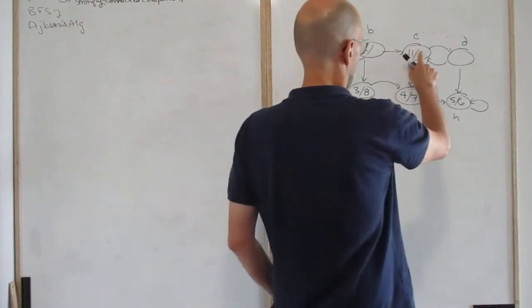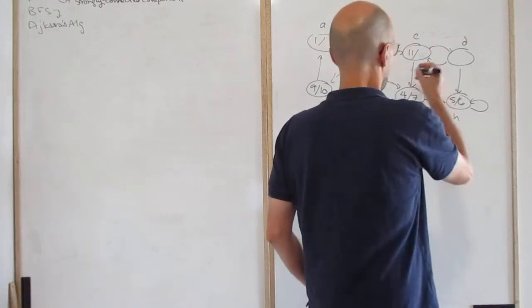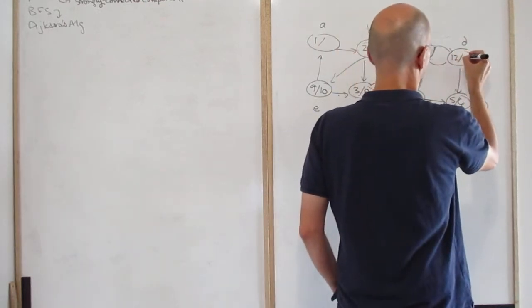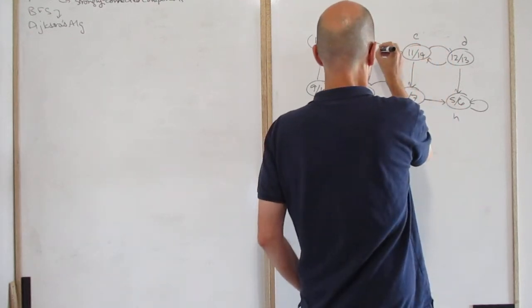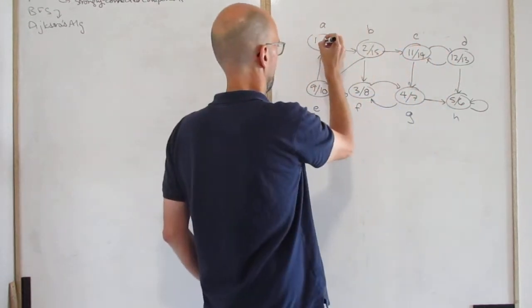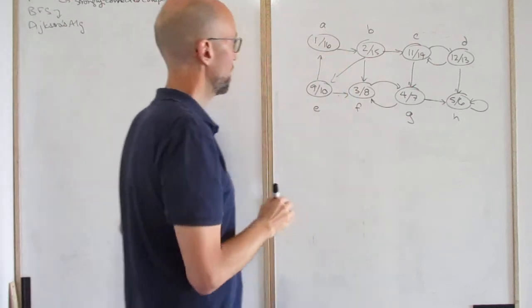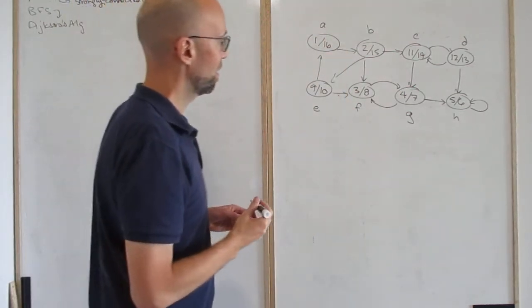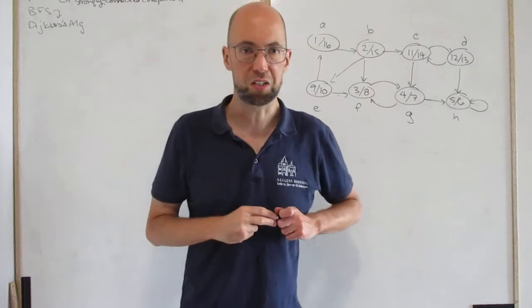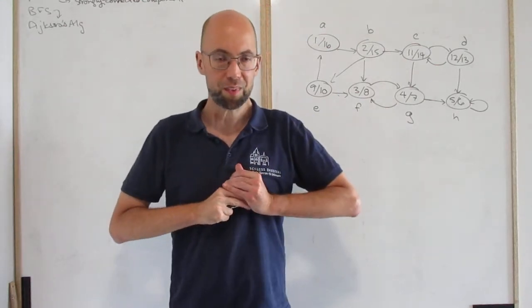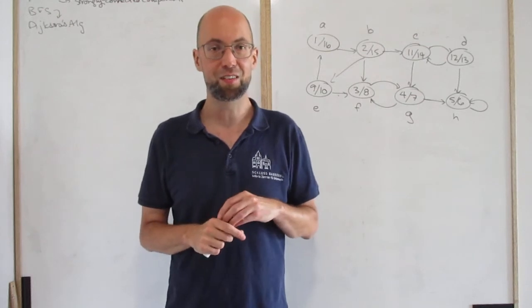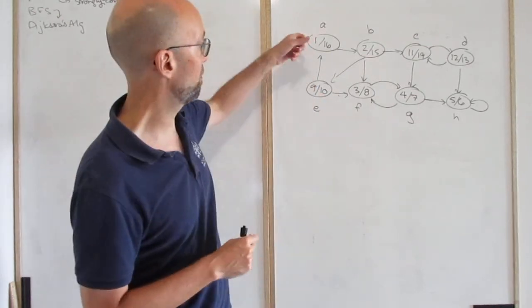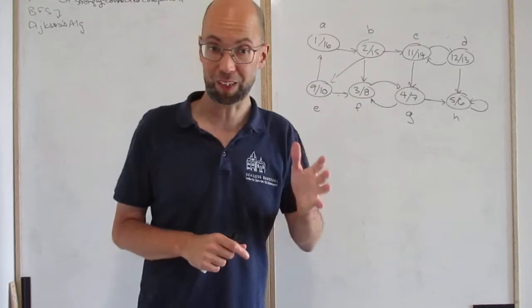Maybe that's why they don't start at A. Okay, 12, 13, 14, 15, 16. So that's our DFS. And what does it tell us? Not much. It tells us that you can get from A to everywhere. That's something.